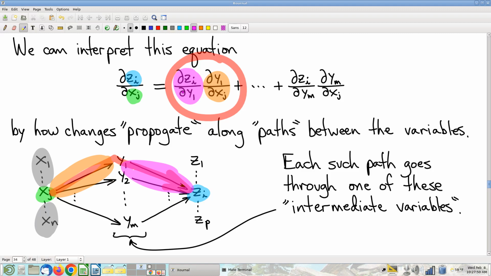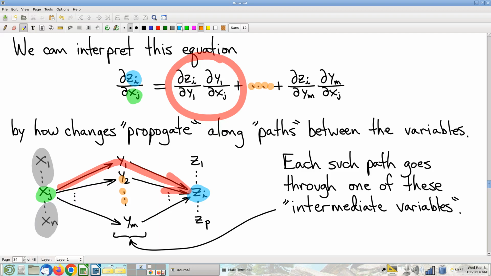Everybody on board? So, likewise for the other paths. I want to get the colors to match up. For this path, we have that term, and then, of course, there's a second path and a third path and a fourth path, etc. That's additional terms like that.